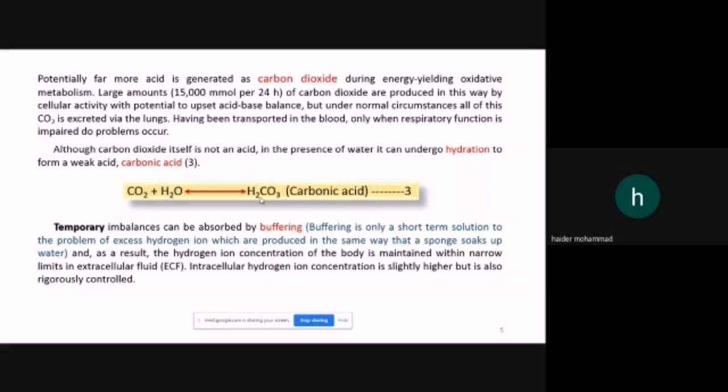Now we enter the buffer solution. Buffer solution اللي خلصنا من الأسيد.